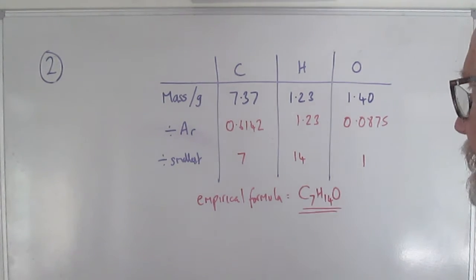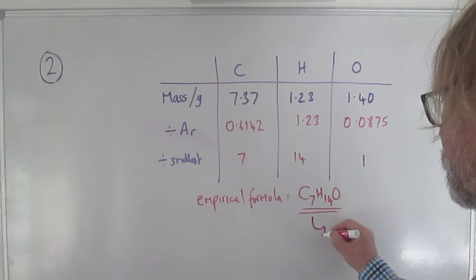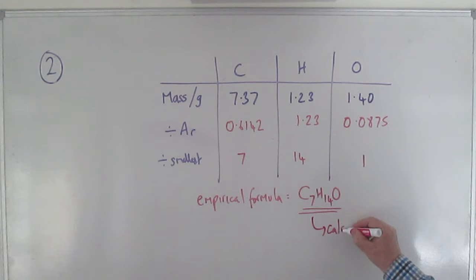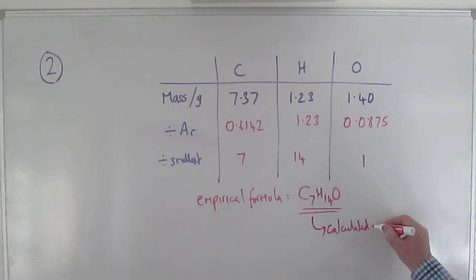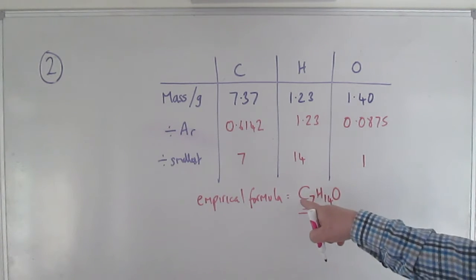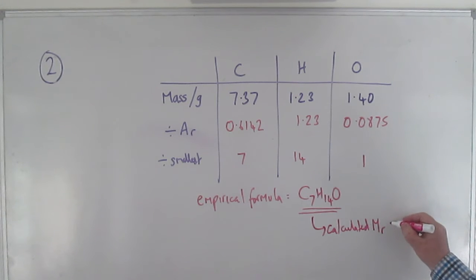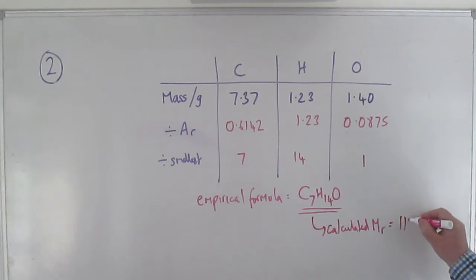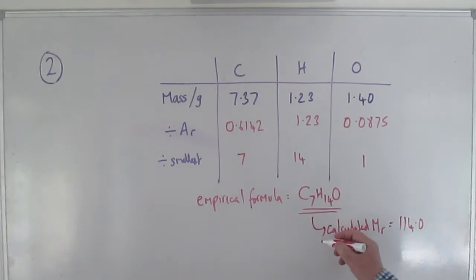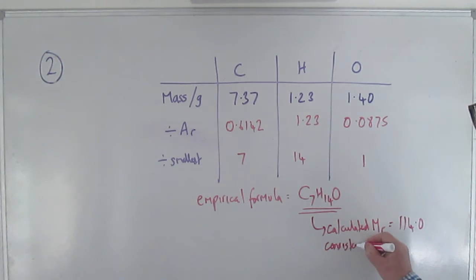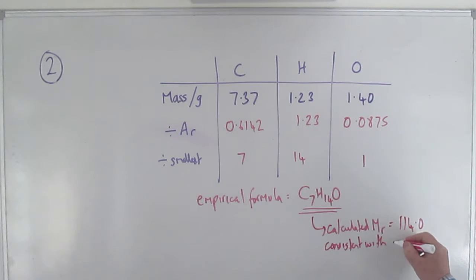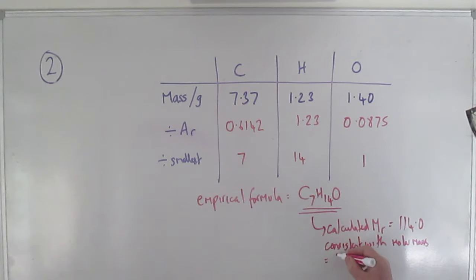To get the molecular formula, you have to calculate the MR from that. So the calculated MR of 7 carbons, 14 hydrogens and an oxygen is 114. And then you say that that's consistent with the molar mass, which is 114 grams per mole.